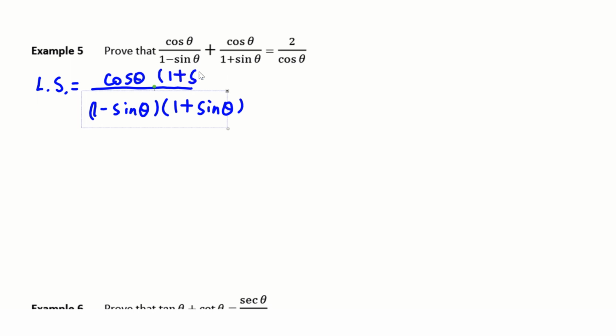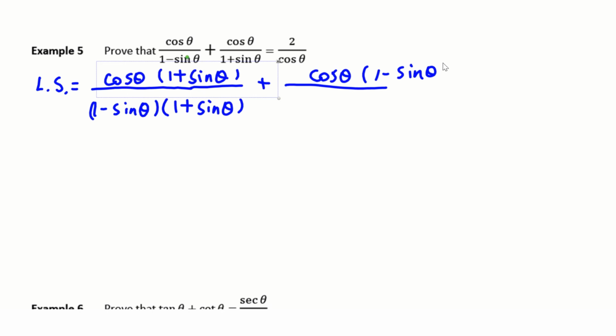And do the same thing to the second rational expression, so cosine theta times 1 minus sine theta. It's kind of like cross multiplying: this times both numerator and denominator, and this one times both numerator and denominator.